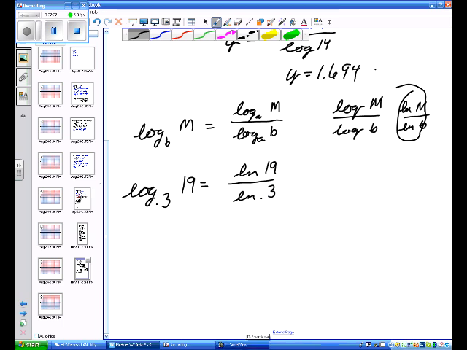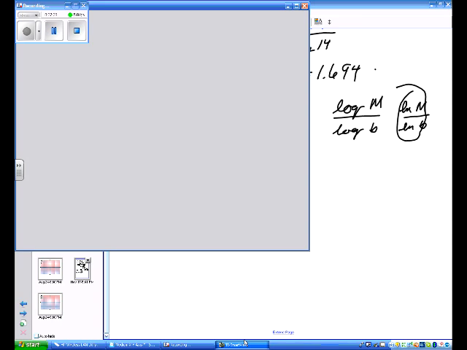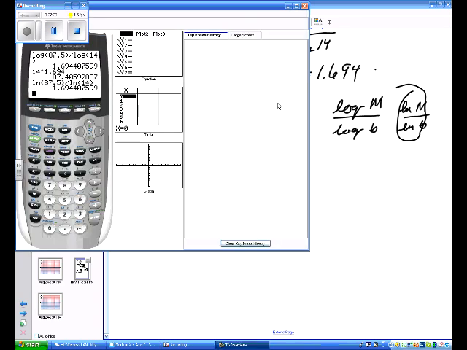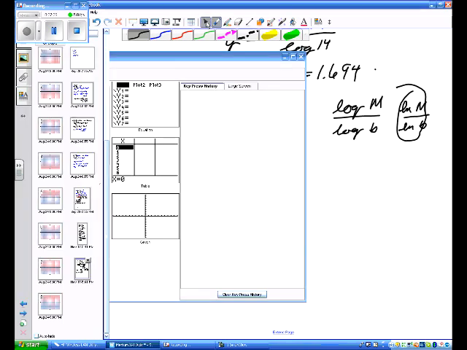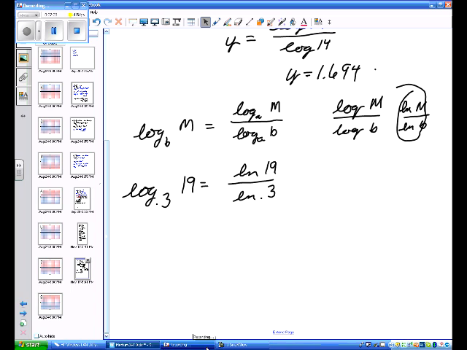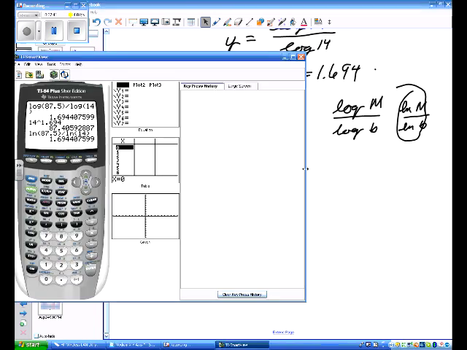Well, if we go to our calculator, and let me make that a little bit smaller so we can see our problem also.